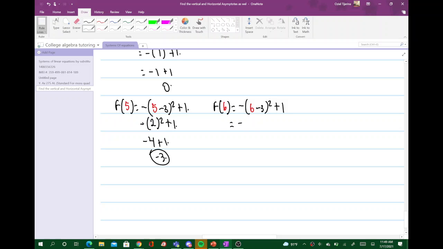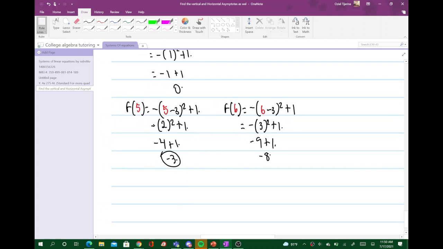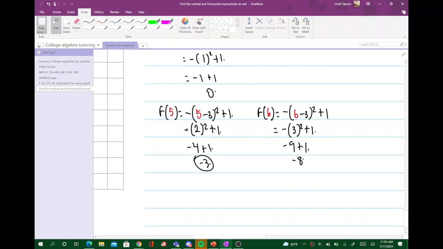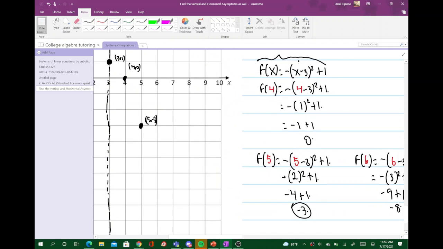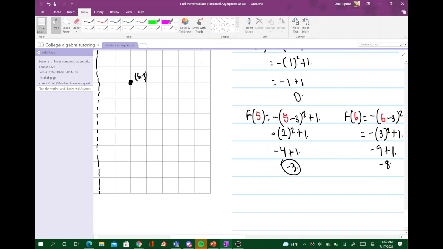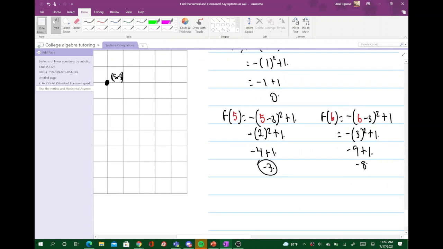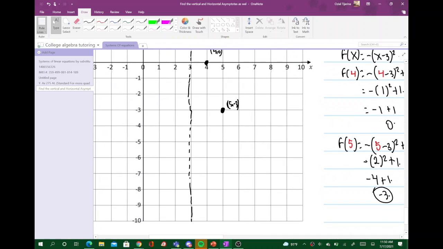And this is going to be negative the quantity 3 squared plus 1, which is negative 9 plus 1, which is really just negative 8, right? And so it would be 6, negative 8 right here.